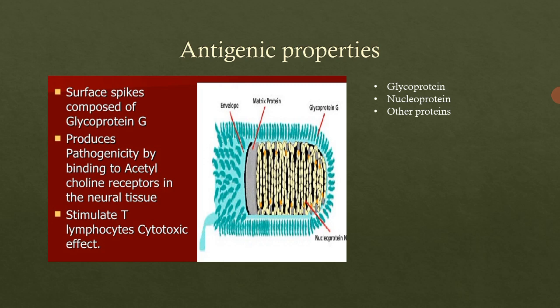Now starting with the glycoprotein, the G protein, which is a very important protein or antigen in the pathogenesis, which will mediate the viral genome to reach the site of the infection, right.